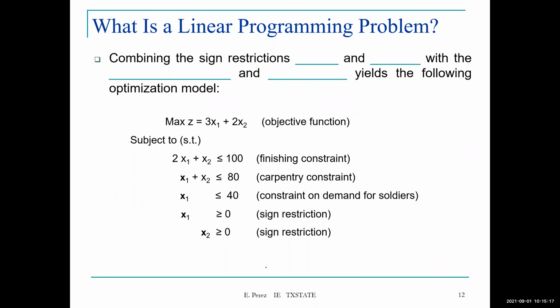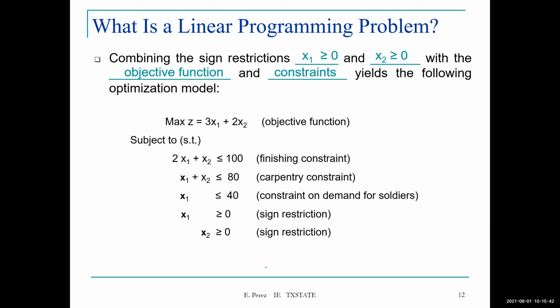So combining the sign restrictions x1 greater or equal to 0, x2 greater or equal to 0, with the objective function and constraints yields the following optimization model. Maximization of this function subject to these constraints. So if you follow the process, what we did in class was we started with defining the decision variables.